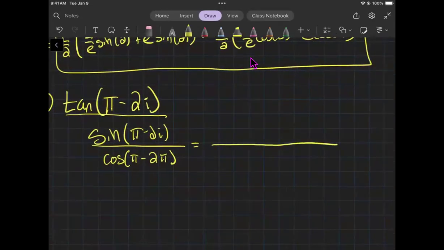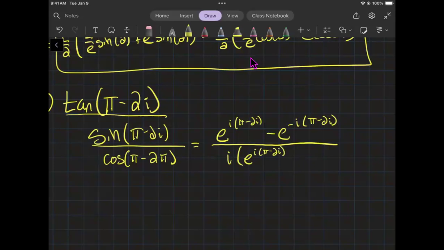The 2's will cancel, and so you'll have e to the I times pi minus 2I, and so on.